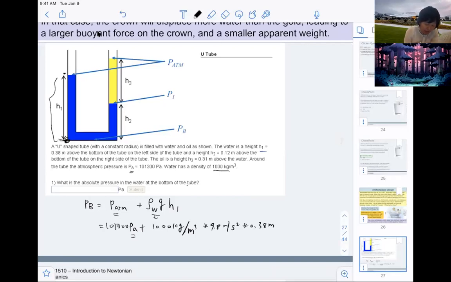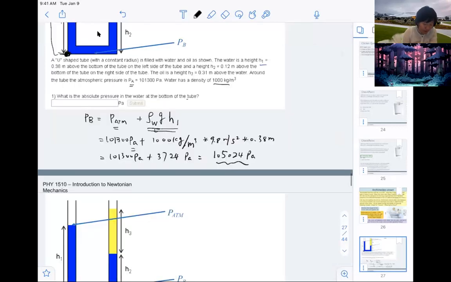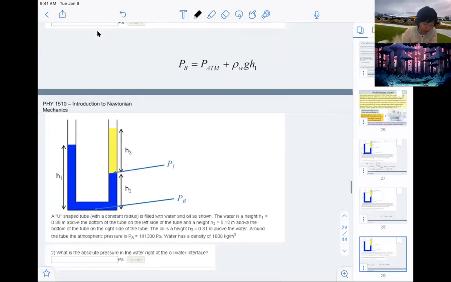That gives me Pascal. So I get 3,724 Pascal, added onto the atmospheric pressure. So this is the final pressure that you feel at the bottom of the tube. Okay, so really just use this equation.